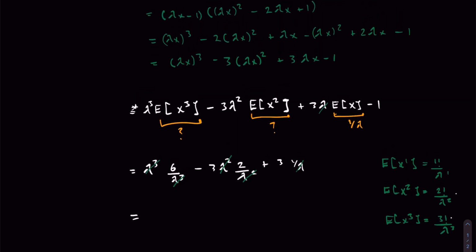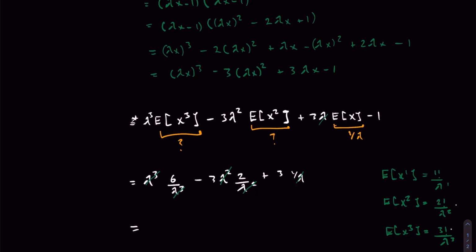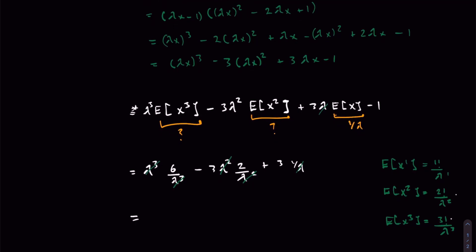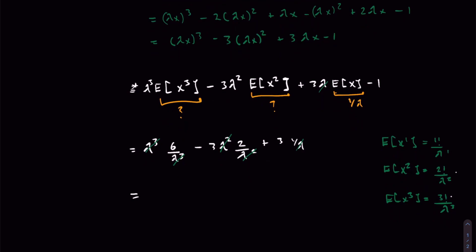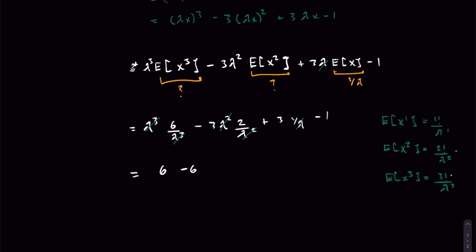Okay, so let me see. I think I have a little error somewhere. Let me check that this is 6 minus 6. Right, no, we just forgot the minus 1 here. That is what was bugging me.